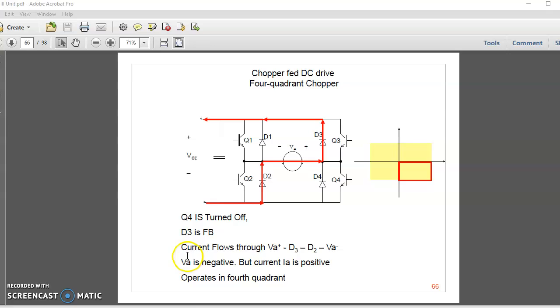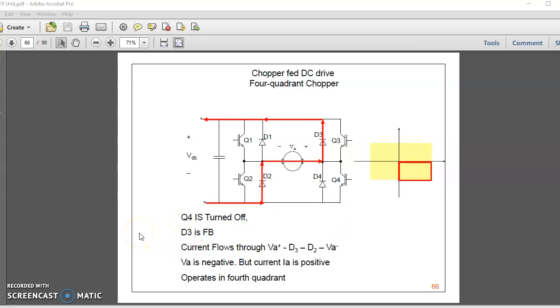Voltage negative and current positive give negative power, so it is called reverse braking mode, the fourth quadrant operation. That is how we get all four quadrant operation using the type E chopper.